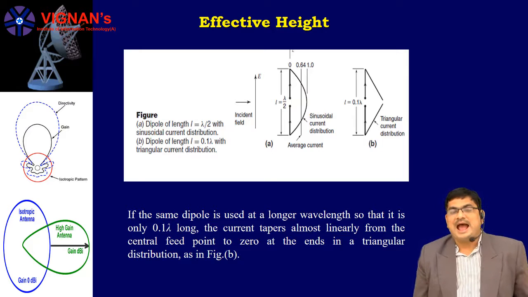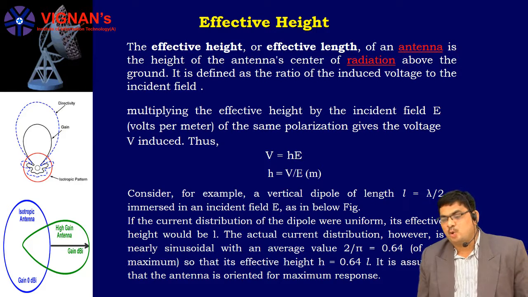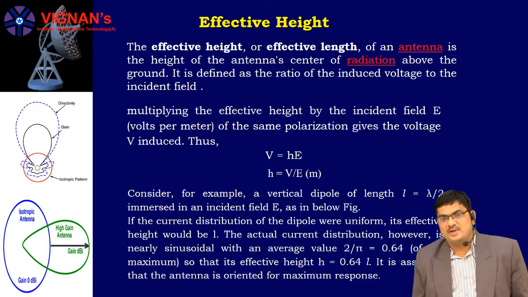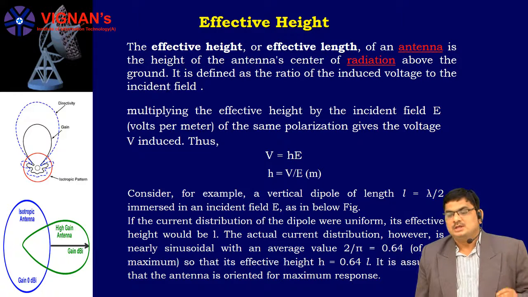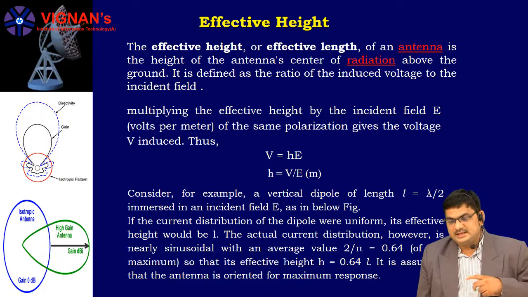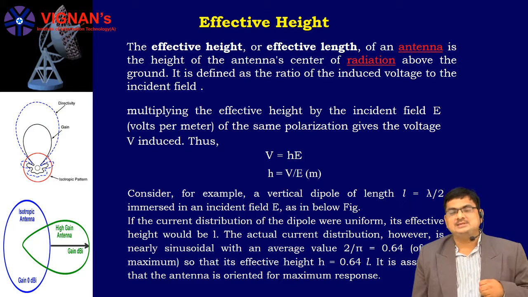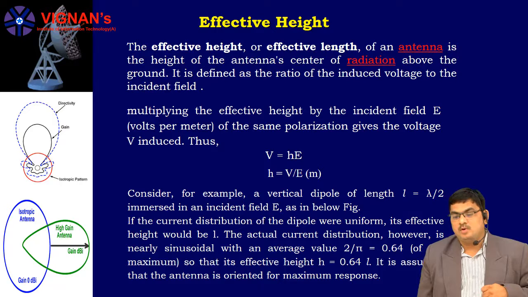The average value of the current distribution is 2 by pi, that is 0.64 of the maximum value. So the effective height or effective length H equals 0.64 into L. It is assumed that the antenna is oriented for maximum response.